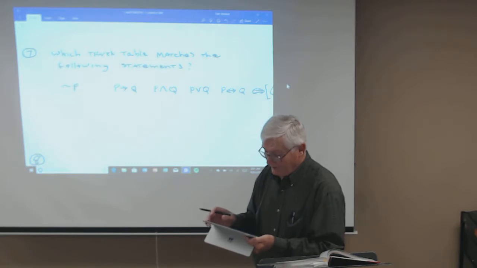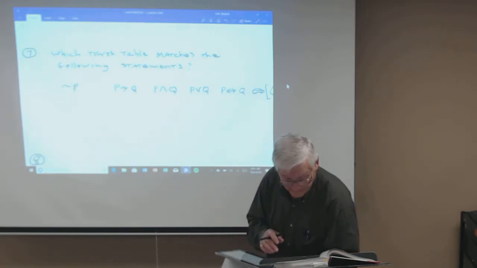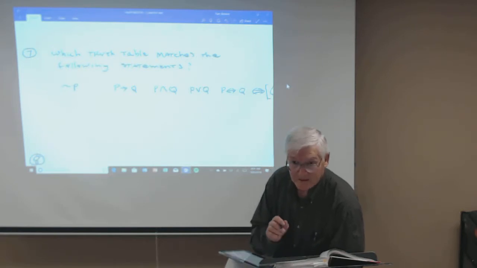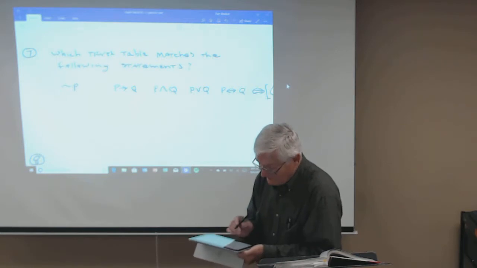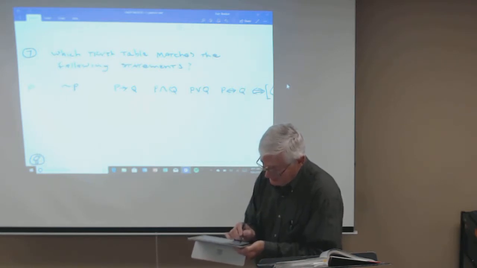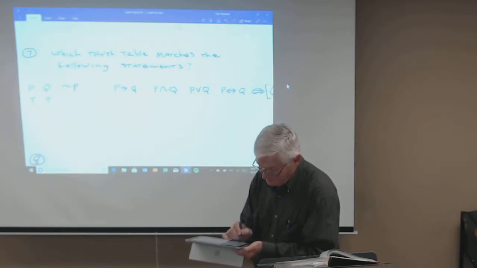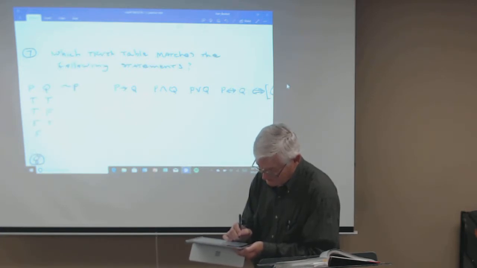Which truth table matches the following statements? See number 7 on page 175? See that truth table there? What we have to do is make a truth table. So we put P and Q. And we go true and true, true and false, false and true, false and false.